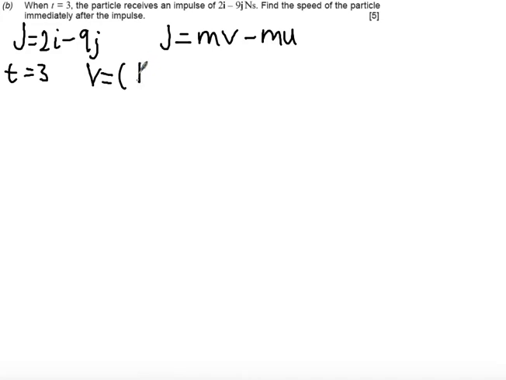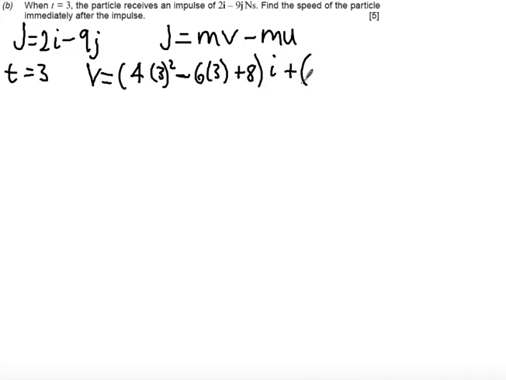that v equals 4t squared. Let's put 3 in straight away. So 4 lots of 3 squared minus 6 lots of 3 plus 8 for the i component.